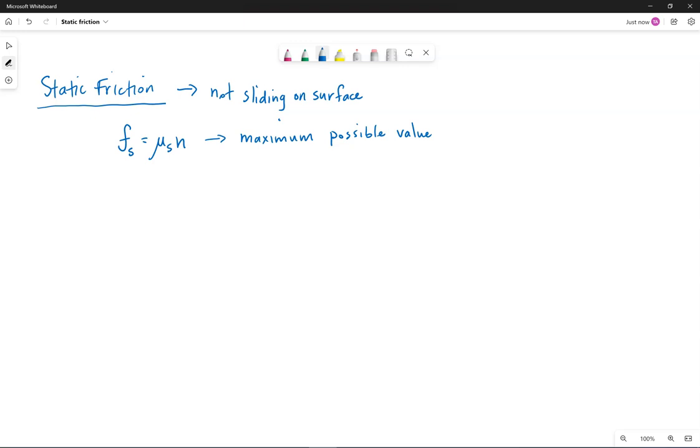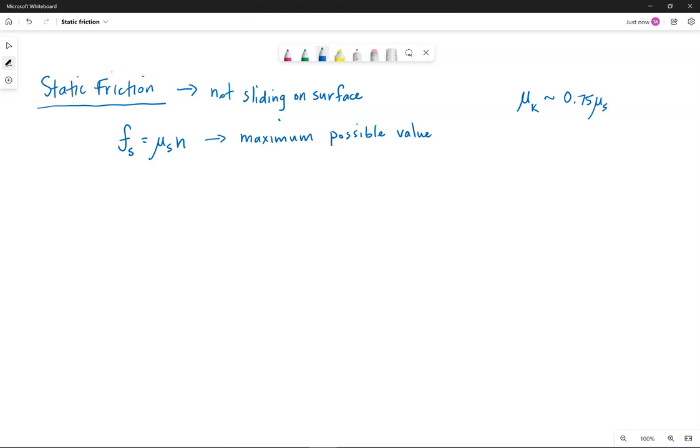For objects in general, the kinetic friction is approximately 75% of the static friction.